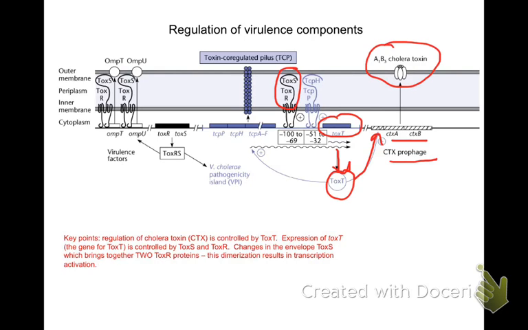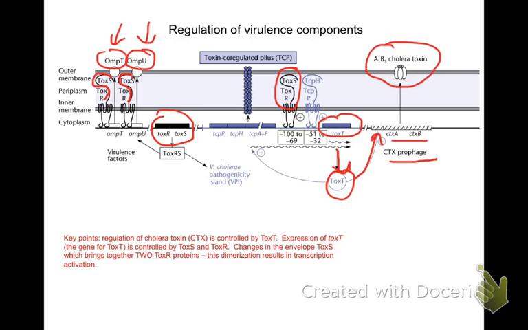So here are the genes for ToxR and ToxS, so we make those components. And one of them, ToxS, actually sits in the outer membrane. And notice that it is associated with some outer membrane proteins. So they are sensing what's happening in the environment, so that when this organism gets into the host, these outer membrane proteins, of course, are going to be responding to different components that are in the host.